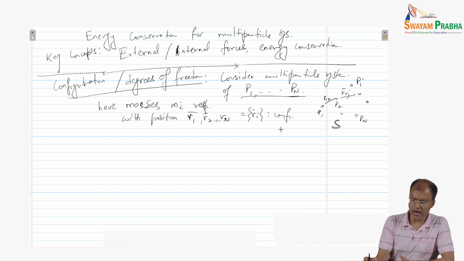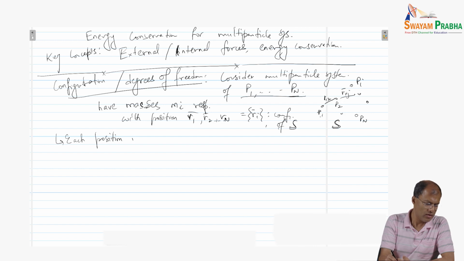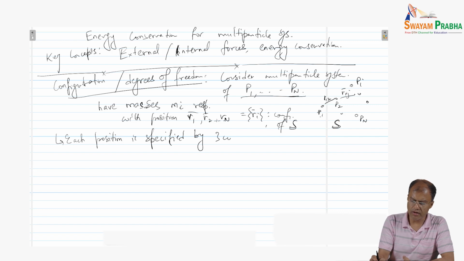So the Ri's, this is the configuration. We call this the configuration of the system S, and each position is specified by 3 coordinates.